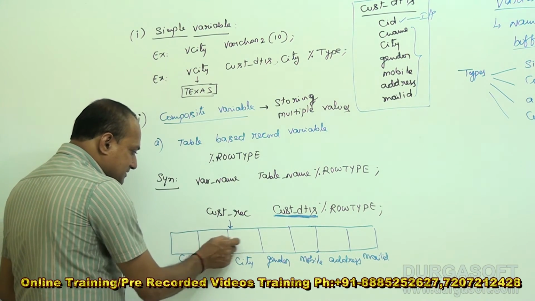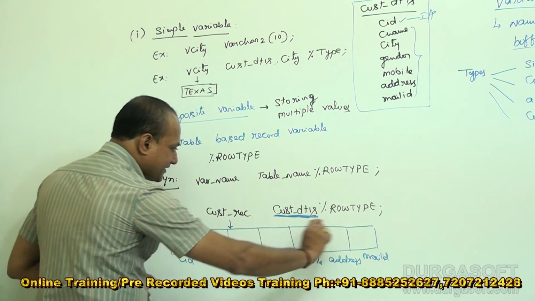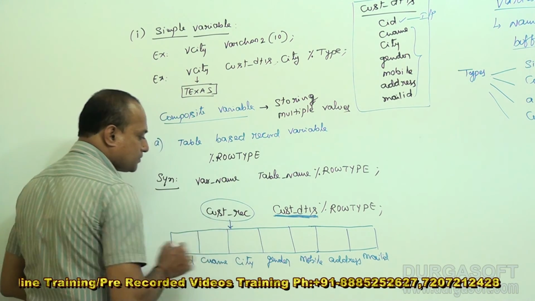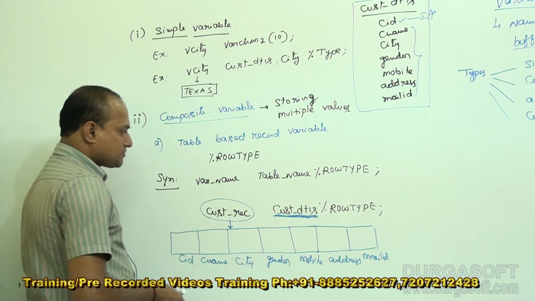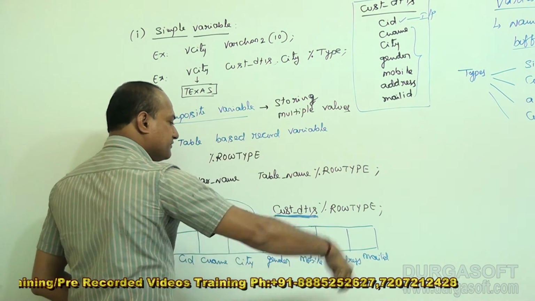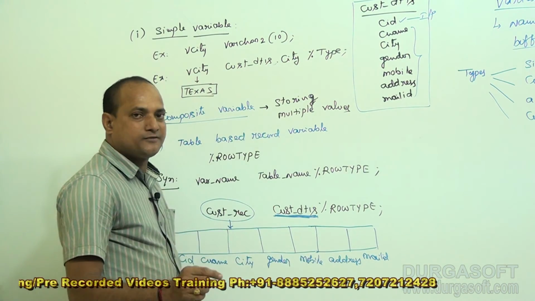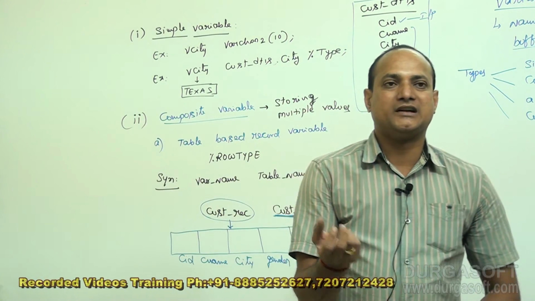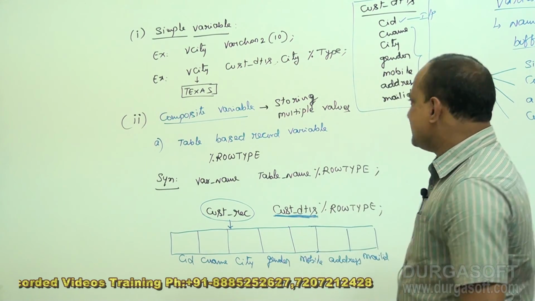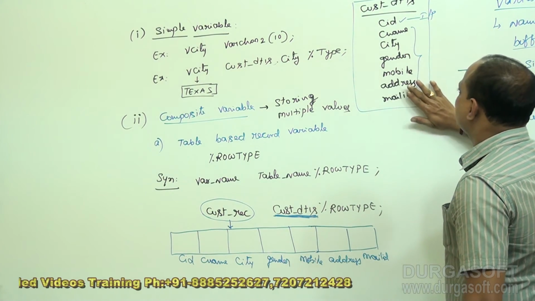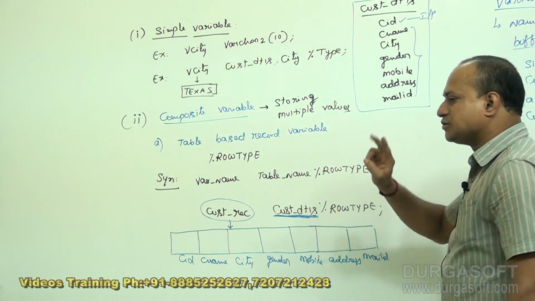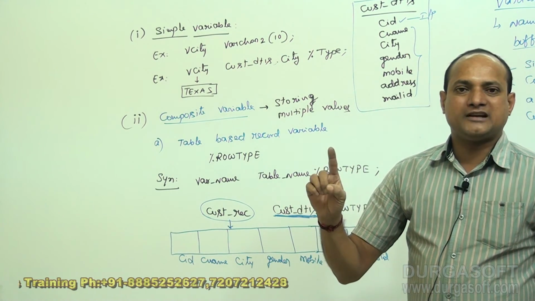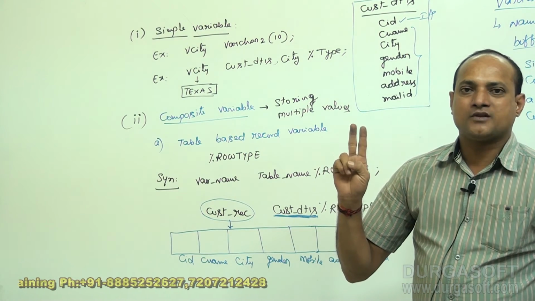So in this memory you can store one record. One variable is enough to store one record, so no need to declare 7 variables. For the input value you can declare one variable, and for the output record you can declare one variable. Instead of 7 lines of declarations, you are using just 2 lines of declarations. One is for the input value and the other is for the output record.